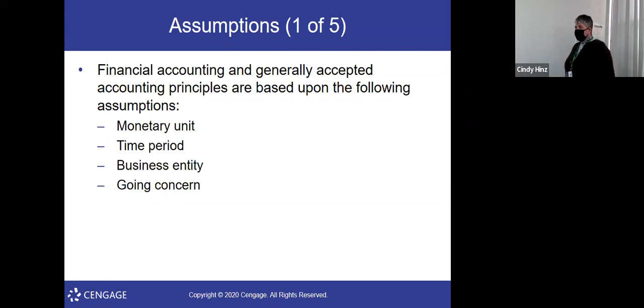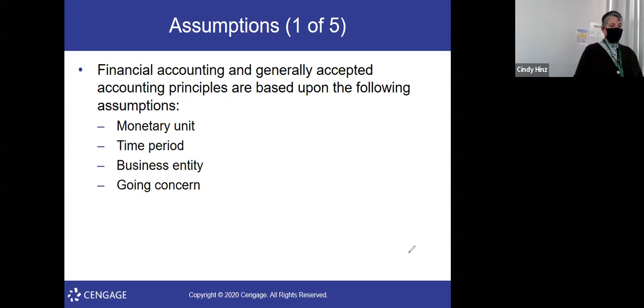The concept of business entity means that when we do accounting, we are accounting only for the transactions that affect the business. It needs to be a separate entity from the customers, from the suppliers, from the employees, that what goes into our accounting records is only the transactions of the company. Now, from a legal standpoint, that may not be true.